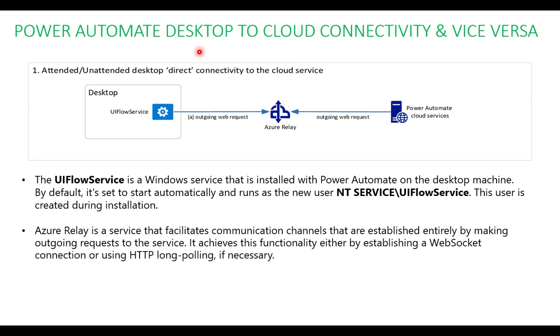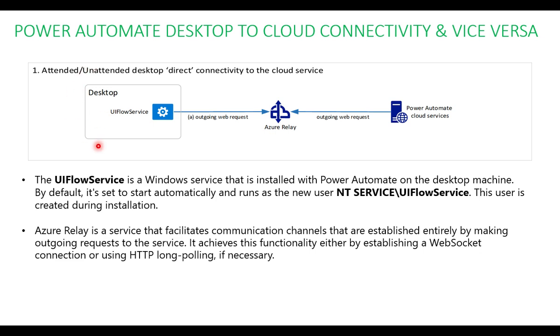This slide talks about desktop to cloud connectivity. As I was mentioning earlier, on your Windows desktop you have the UI Flow service installed, which communicates with Azure Relay in the cloud. Azure Relay relays the web request to the cloud server, Power Automate cloud, and then Power Automate cloud responds back to the desktop.